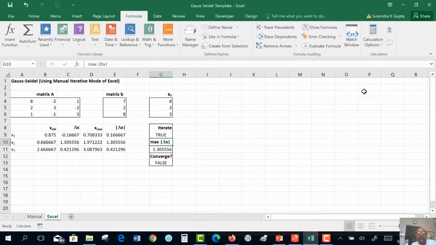Press F9 again, 2 iterations, 3, 4, 5, 6, 7, 8, 9, 10. In 10 iterations, I have converged. I have 5 decimal digits in my answers, and these are my answers.